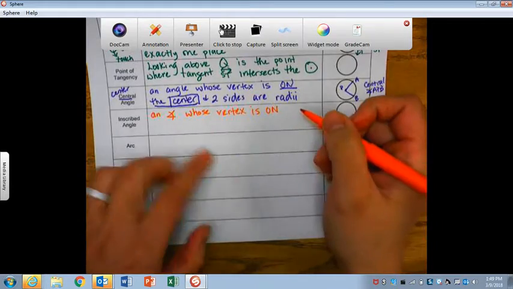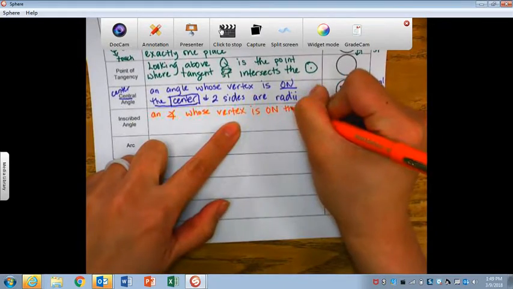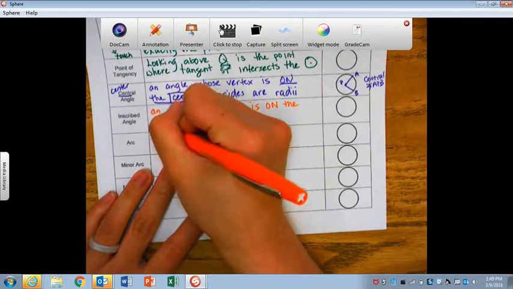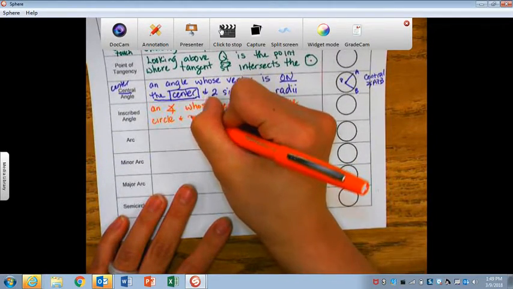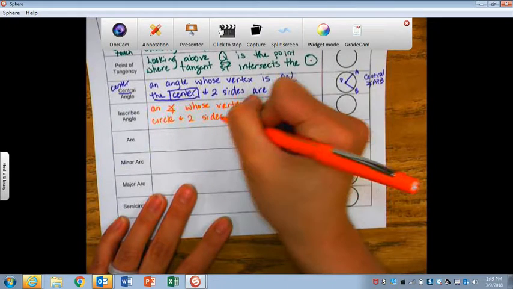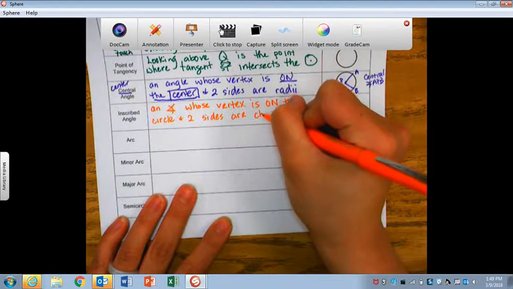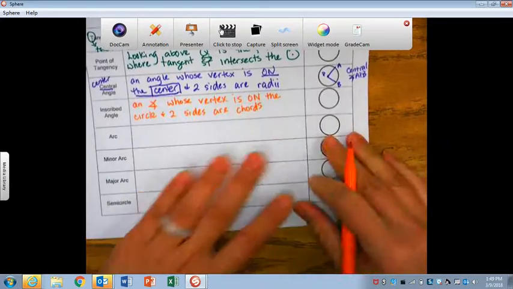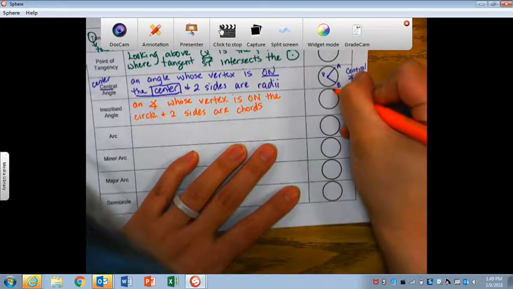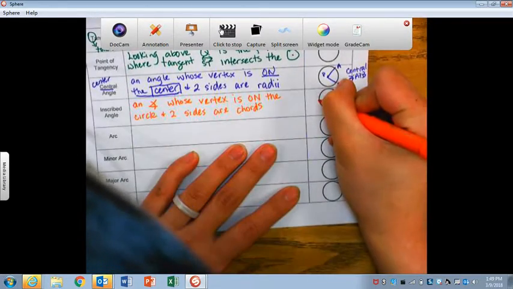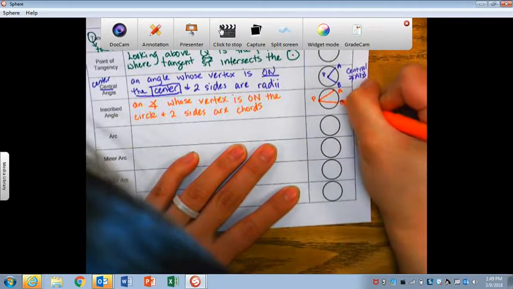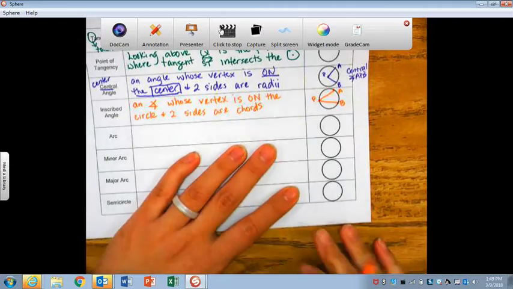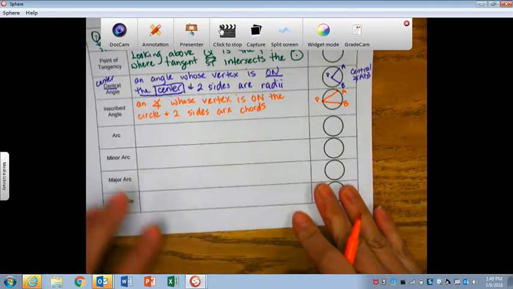Back to the inscribed angle, the vertex is on the circle, and two sides are chords. So here you go. I'll keep the letters the same, A, but this time the vertex is on the circle. So here is your inscribed angle. That's the difference.